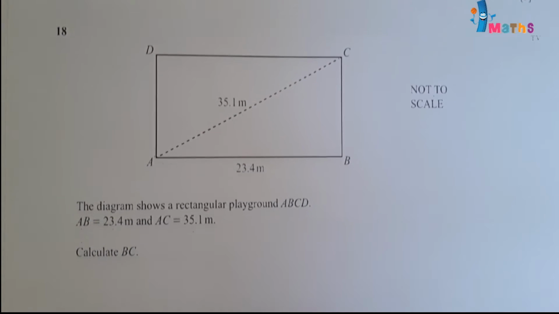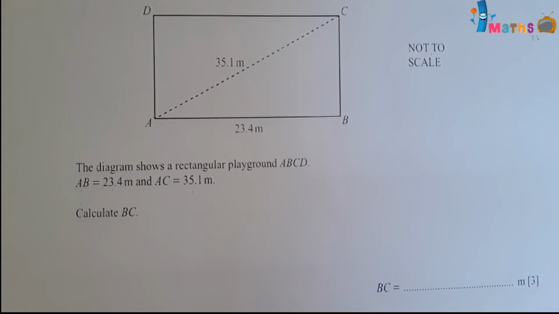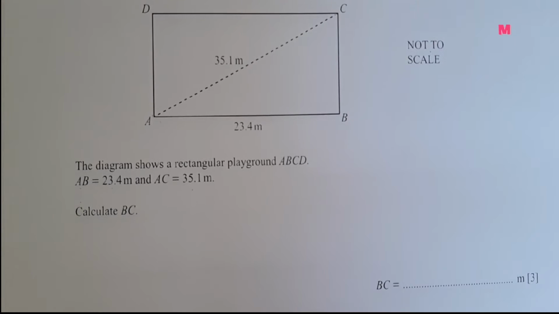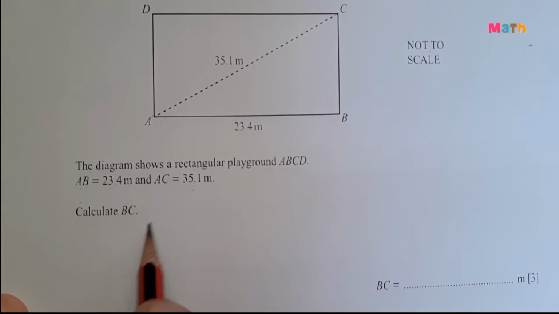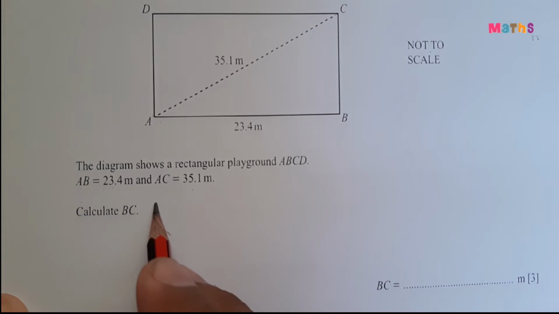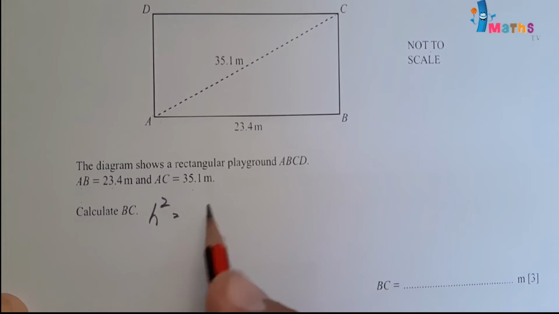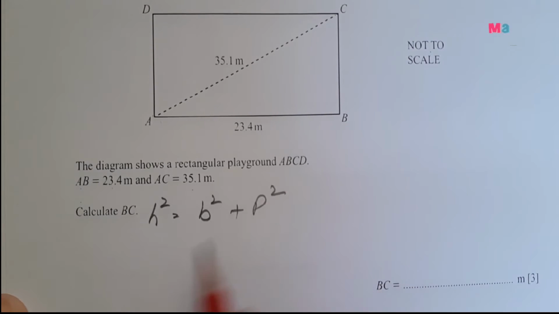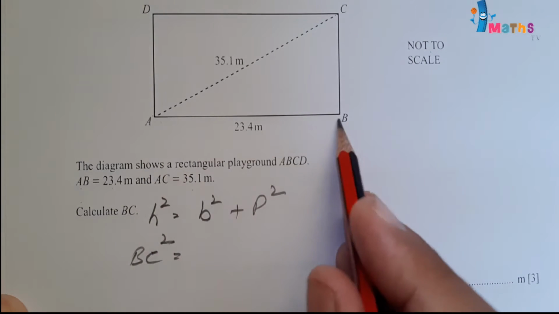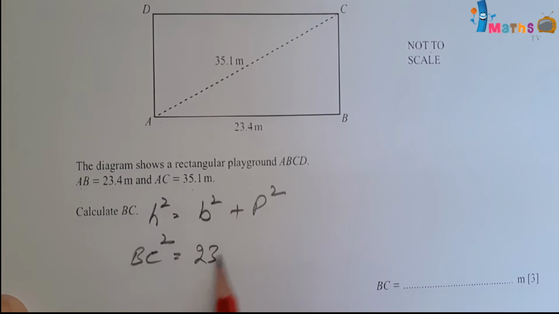So we will apply Pythagoras theorem to calculate BC, which is this side, and we know according to Pythagoras theorem, hypotenuse square is equal to base square plus perpendicular square.